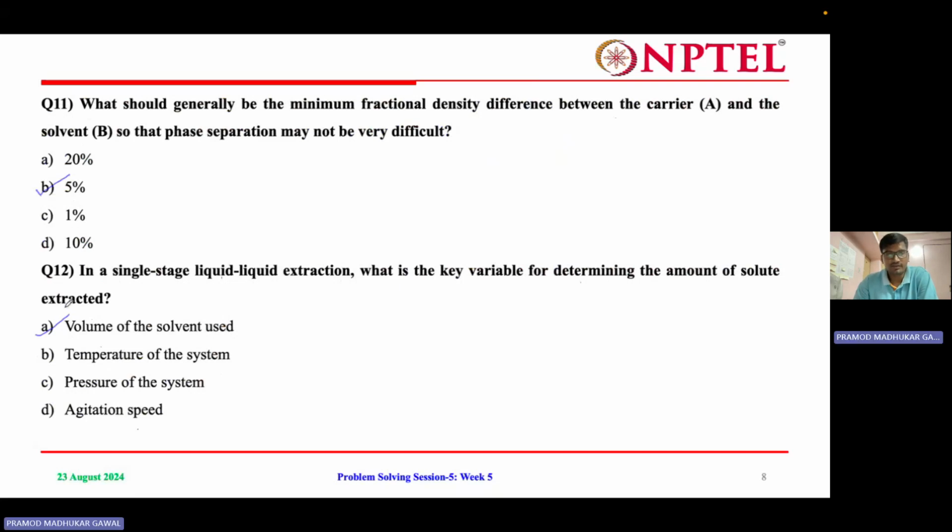Higher the selectivity of a particular solvent, it means less solvent is required. If it is less than one, it would require more solvent to separate the solute from the feed.